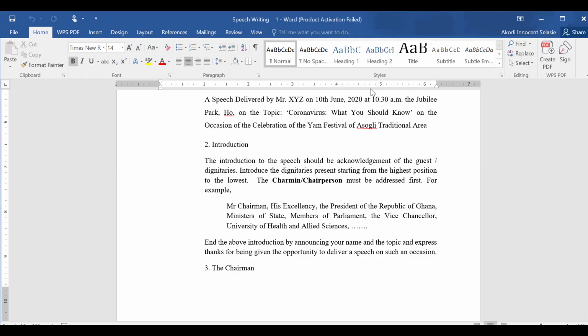For example, Mr. Chairman, His Excellency the President of the Republic of Ghana, Ministers of State, Members of Parliament, the Vice Chancellor, University of Health and Allied Sciences. End the above introduction by introducing your name and the topic and express thanks for being given the opportunity to deliver a speech on such an occasion.